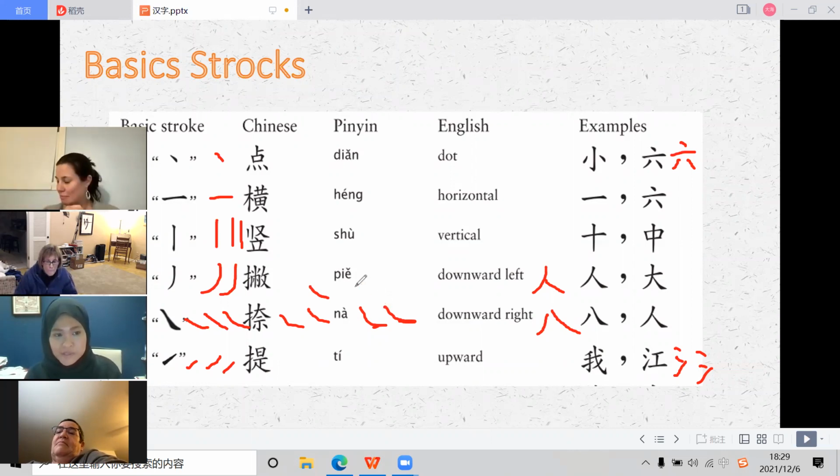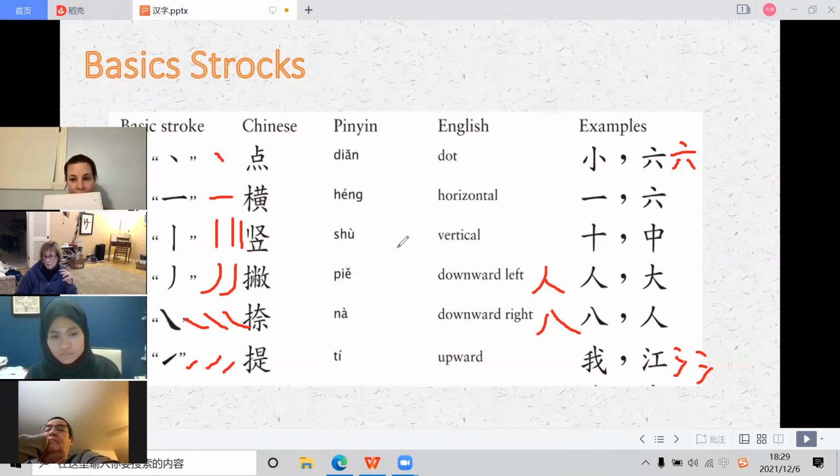I'm left-handed, and when I do my brush calligraphy in my class, I'm the only left-handed person there. Some of the strokes are much harder for me because I want to go the opposite direction. I think the brush and the pen are different when we write them.